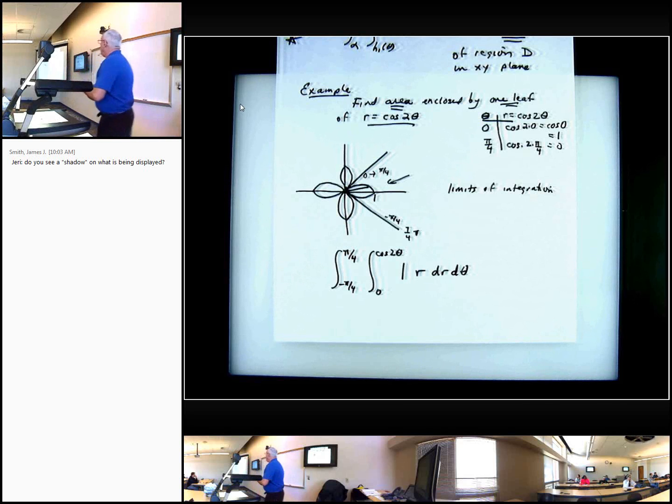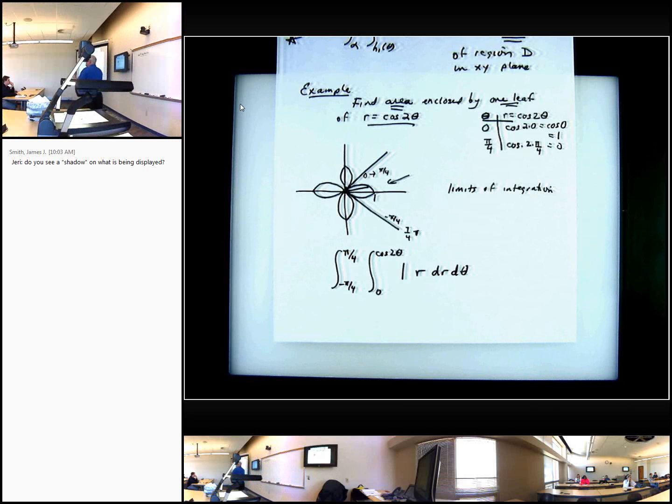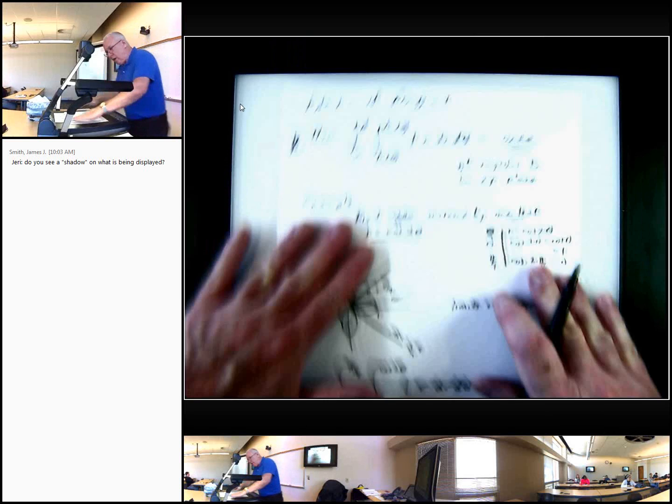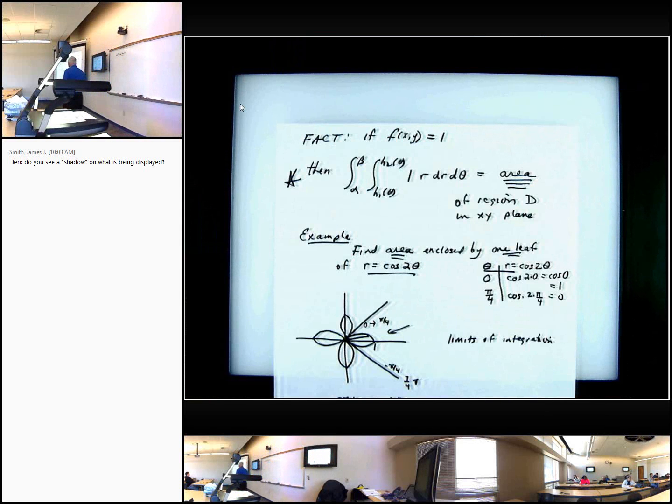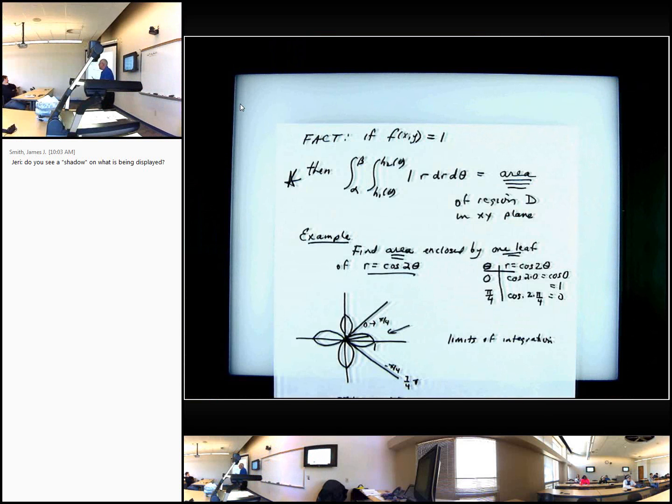How do I get the 1? I got a 1 because the problem is asking for the area enclosed by this. That was the previous fact that I put up here, right here: if we're looking for the area of a region, we put a 1 in for our function. Okay?